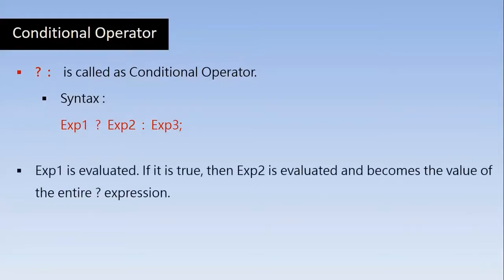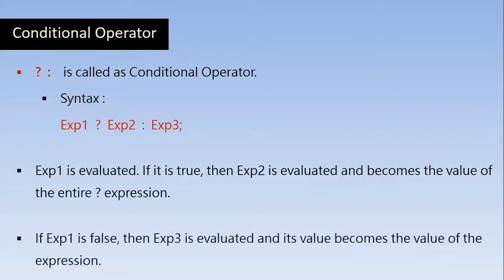Expression 1 is evaluated. If it is true, then expression 2 is evaluated and becomes the value of the entire conditional operator expression. If expression 1 is false, then expression 3 is evaluated and its value becomes the value of the entire conditional operation.